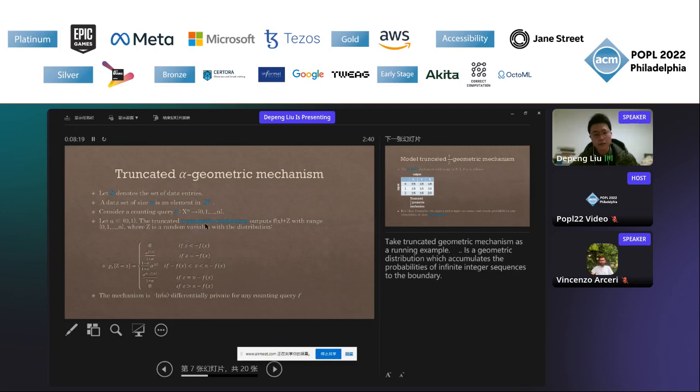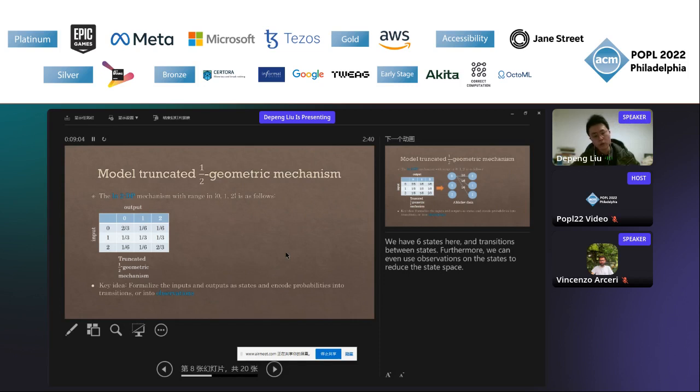The truncated alpha geometric mechanism will output f(x) plus z with range in 0 to n, where z is a random variable with the following distribution. Here, this distribution is just like the geometric distribution, but the difference is that the infinite sequence of integer probabilities are accumulated and further assigned to the boundary values. And it's easy to prove that the mechanism is minus log alpha differentially private for any counting query F.